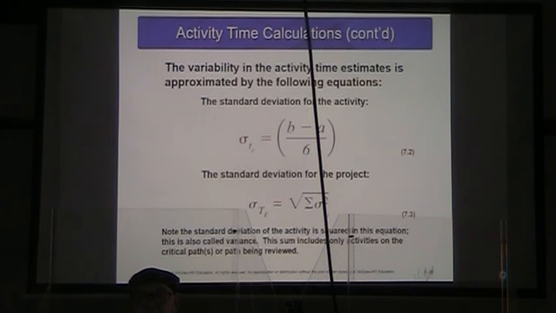Our standard deviation for our project, the standard deviation of total project estimate time, equals the square root of the summation of all our individual standard deviations squared of each activity added together.